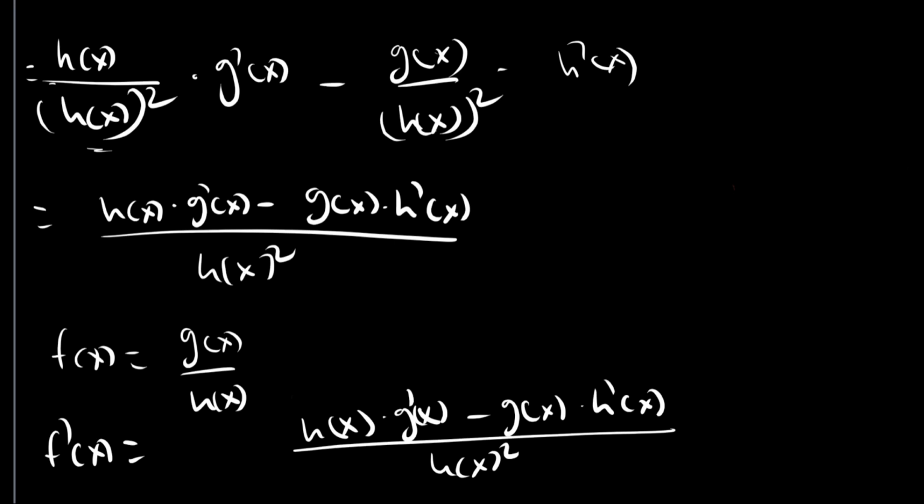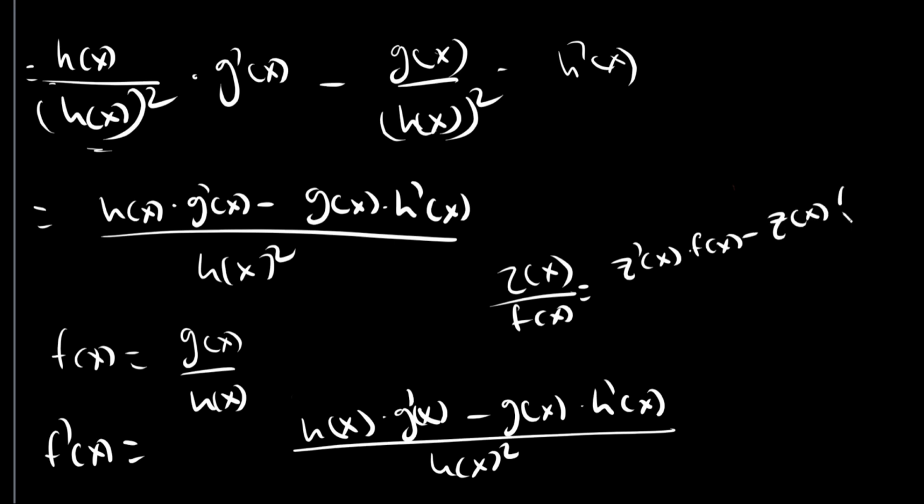So in other words, if you have, for example, z of x divided by f of x, it's always just z of x prime times f of x minus your z of x times your f of x prime, divided by f of x to the power of 2.